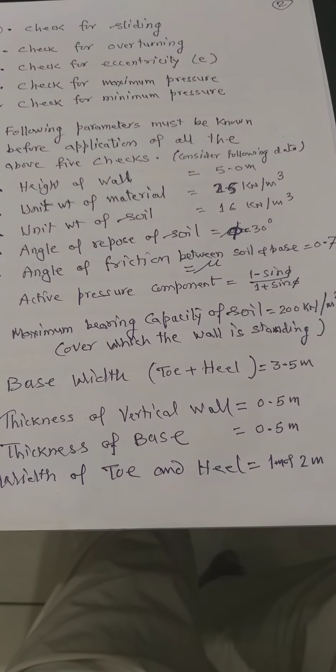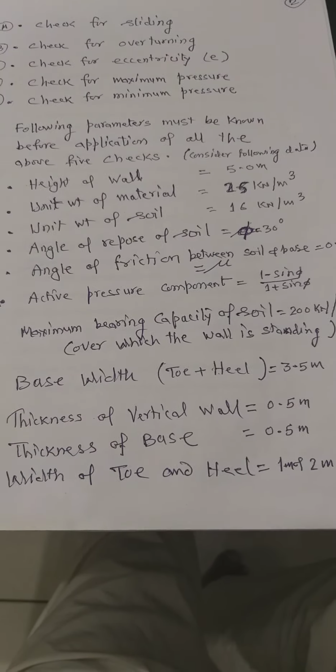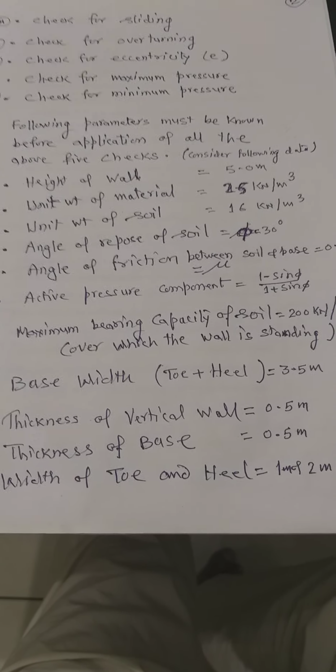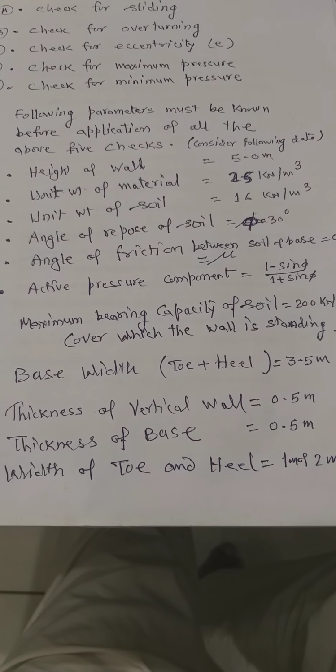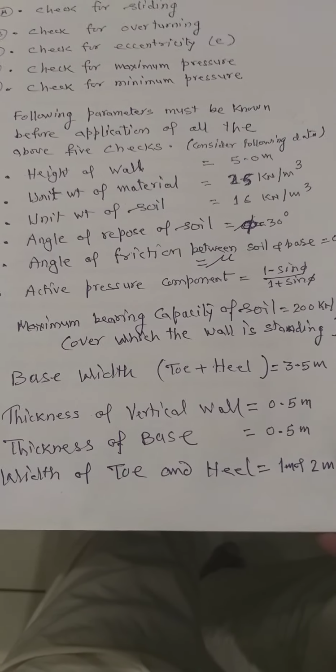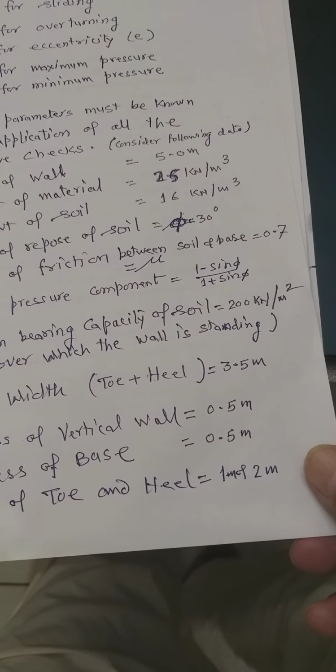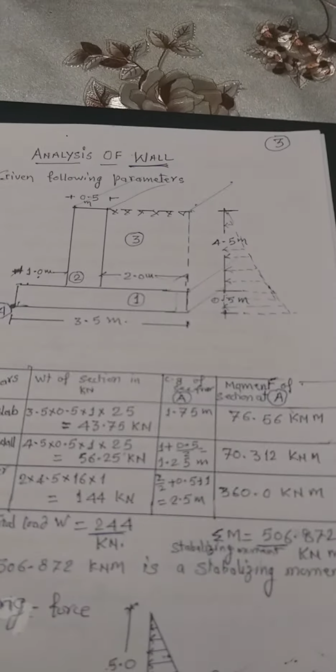Base width, comprising toe plus heel, is taken as 3.5 meters. Thickness of the vertical wall is taken as 0.5. Thickness of the base is taken as 0.5 and width of the toe is taken as 1 meter, while the width of the heel is taken as 2 meters.